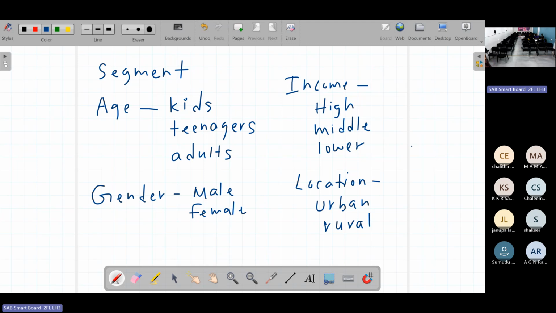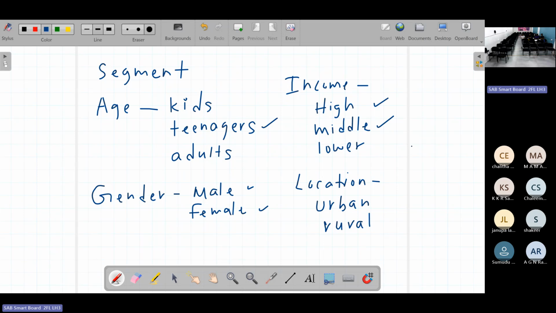Then targeting, in the sense, we are going to decide whether we are going to serve all these people or select a few. In terms of age, our company is going to target only teenagers. Gender-wise, we will consider both male and female. Income level-wise, middle level and high income level people.